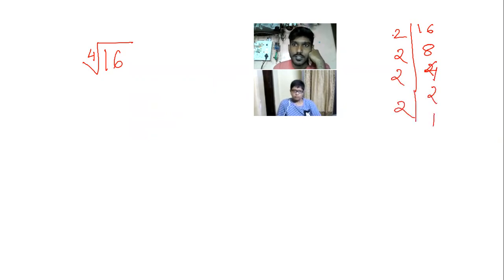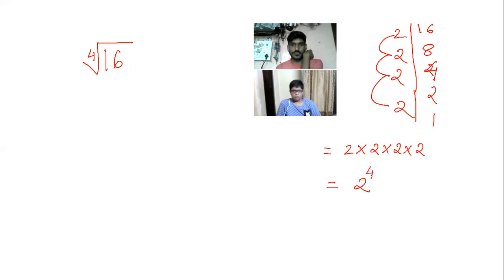So look at this. 2 into 2, 4. 4 into 2, 8. And 8 into 2, 16. So I can write this as 2 into 2 into 2 into 2, which you can write as 2 raised to 4.